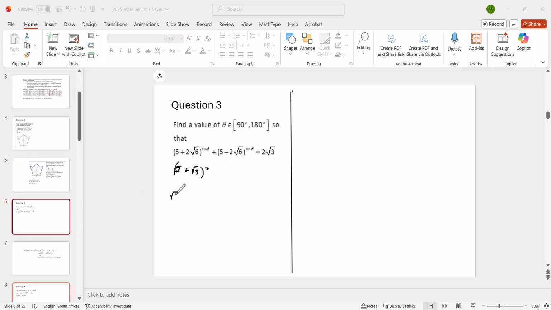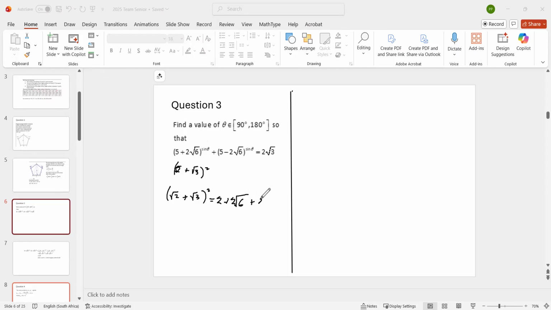Okay, see, square root of 2 plus square root of 3 all squared is 2 plus 2 root 2 times root 3, which is root 6. That should help. This is root 2 times root 3.